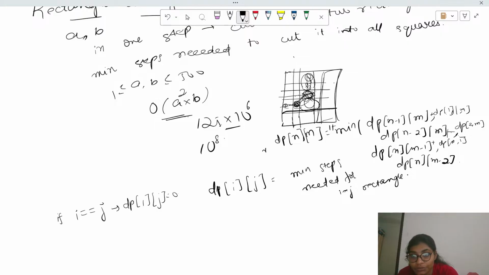That shouldn't be n plus m can be 1,000 into 1,000. That would become 25 into 10 power 4 into 1,000. 10 power 7, 25 into 10 power 7.